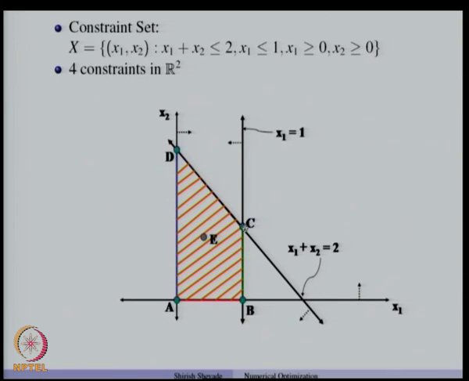For example, if we take point C, then the constraint x1 plus x2 equal to 2 is active, and the constraint x1 equal to 1 is active, and C is the intersection of these 2 constraints.